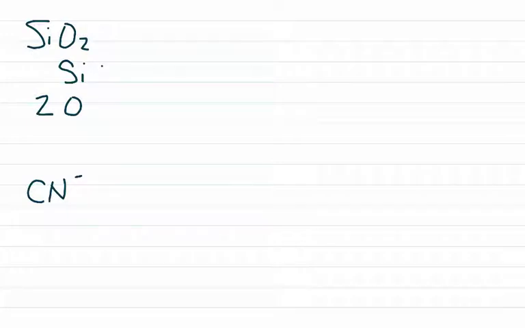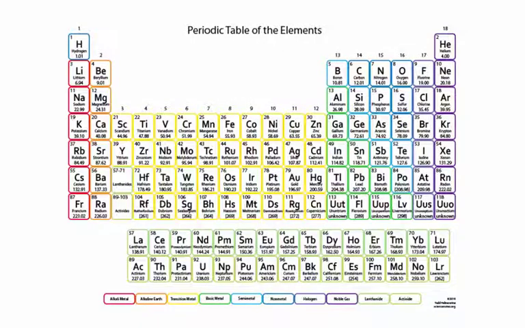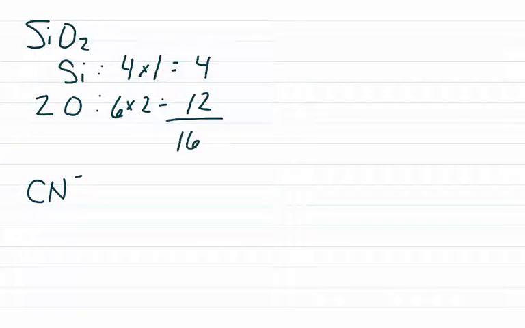Silicon, when we look at the periodic table, is in the 14th column, which means it has 4 valence electrons, and oxygen is in the 16th column, which means it has 6 valence electrons, and there are 2 of them. So there are a total of 16 valence electrons in this Lewis structure.